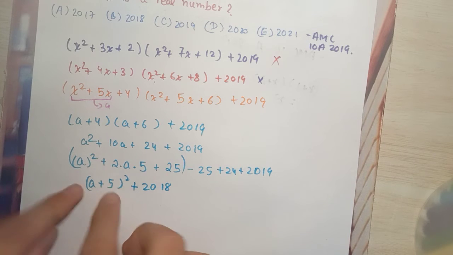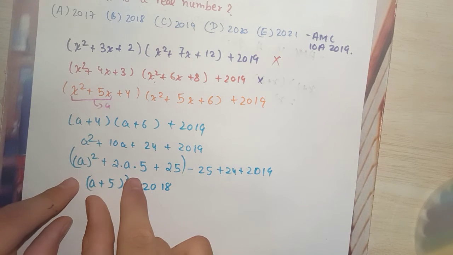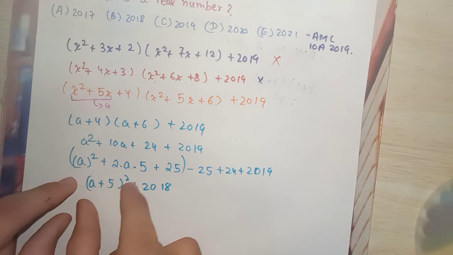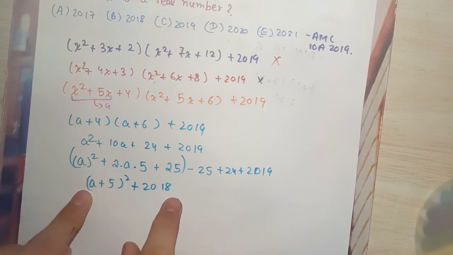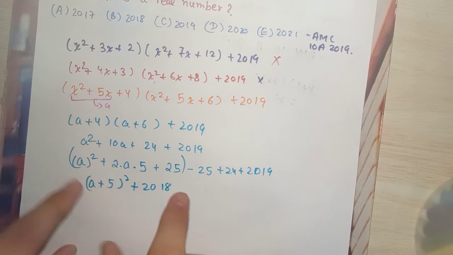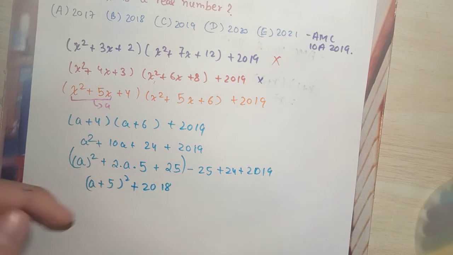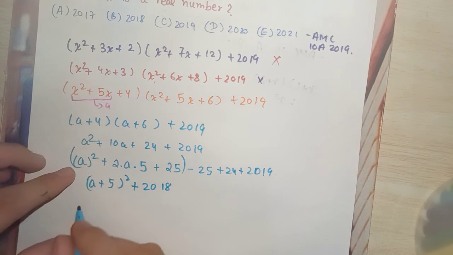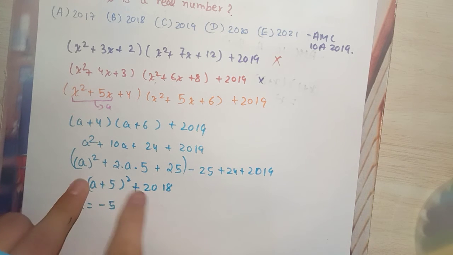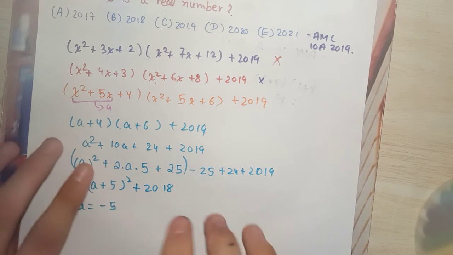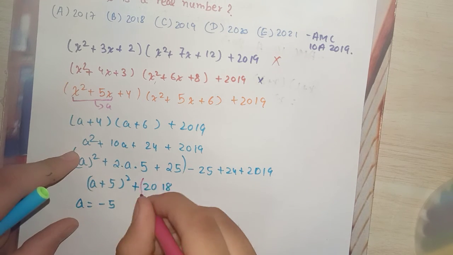Again, if a is greater than negative 5, we'll get a positive term here, and a positive term squared is positive, and plus a positive will give us another positive term which is higher than this term. So the minimum is reached when a is negative 5, when this is 0 and 2018 is not increased by any amount. So what is the minimum possible value? That's just 2018.